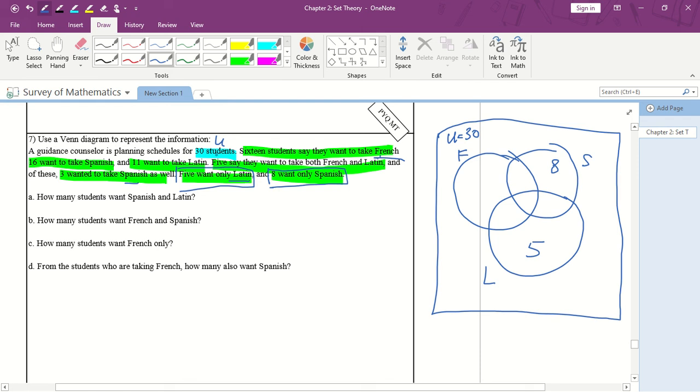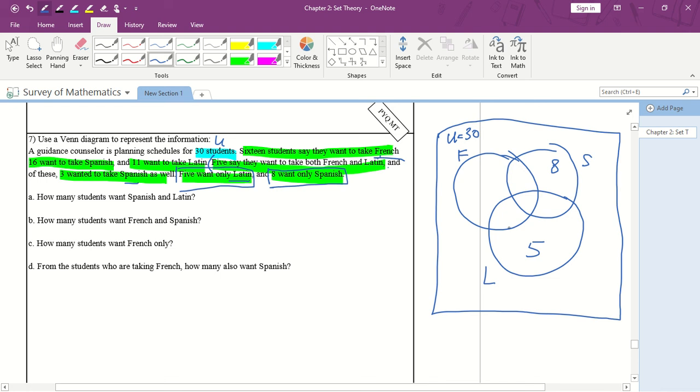And here there's a trick. 5 say that they want to take both French and Latin, and of those, 3 want to take Spanish as well. So 5 want to take French and Latin. So French and Latin will be this region.